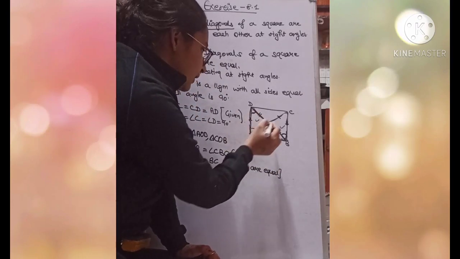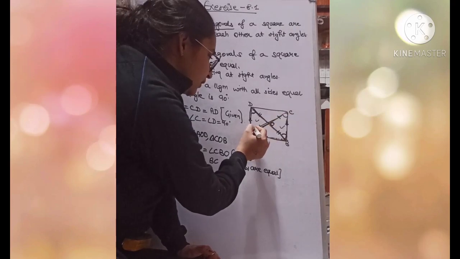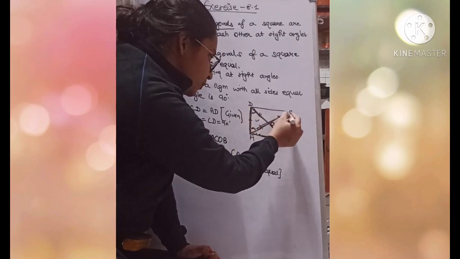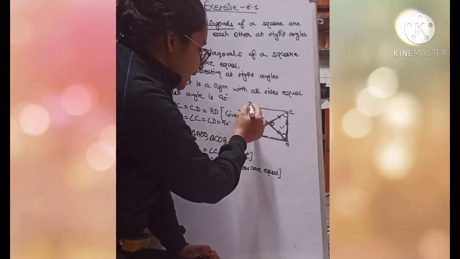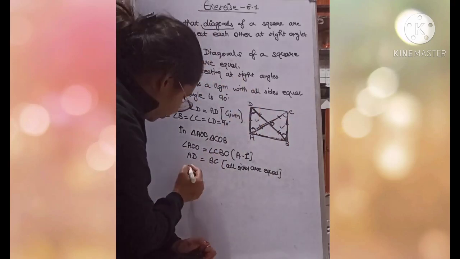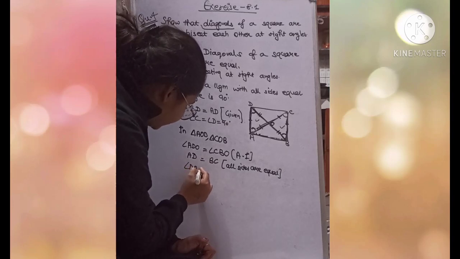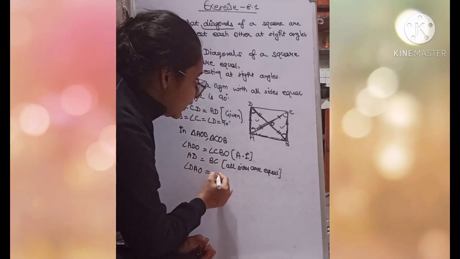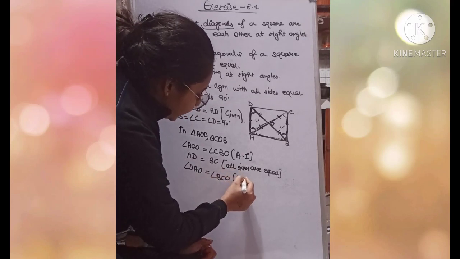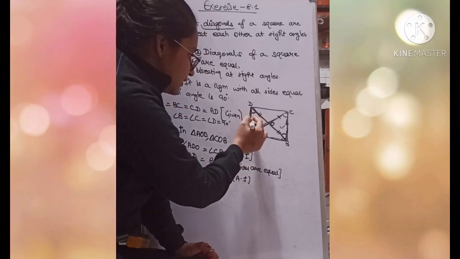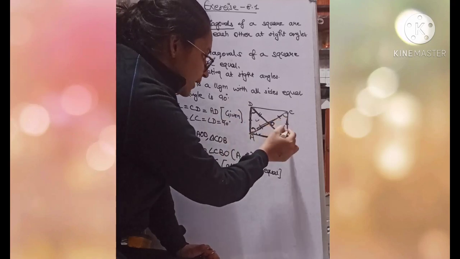Then this angle will be equal to this angle. Why? Because this line is parallel to this line and AC is a transversal line. So you will write angle DAO will be equal to angle BCO, alternate interior angle.